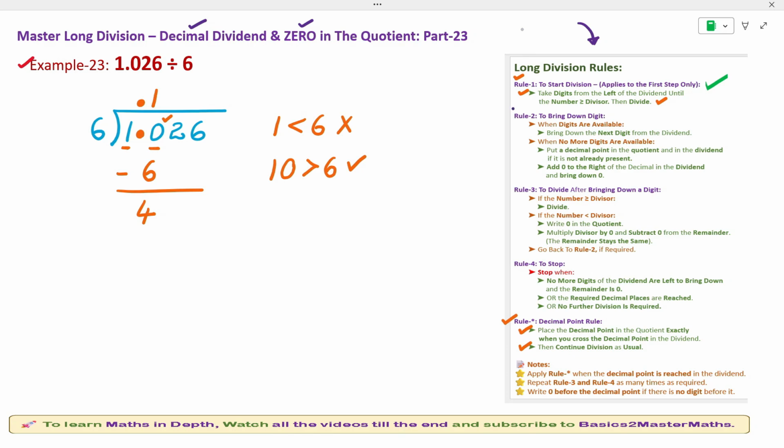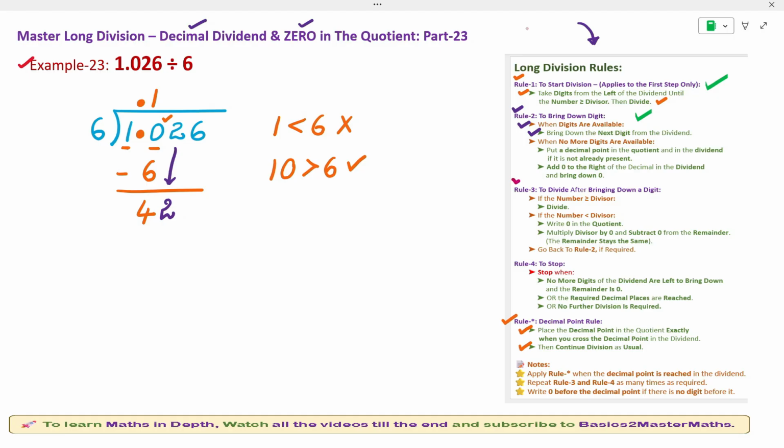Let us apply rule 2. When digits are available, bring down the next digit from the dividend. In this case, since the digits are available, bring down the next digit 2. Now, rule 2 is complete.